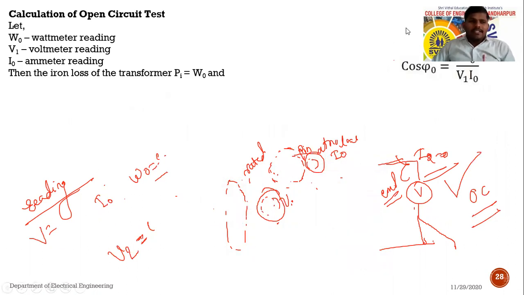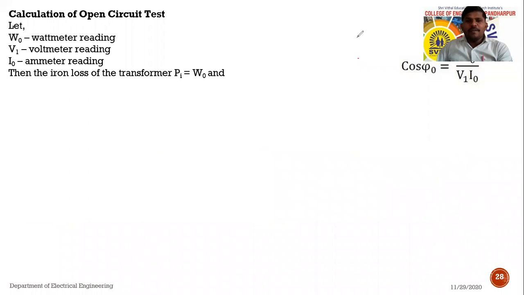Okay, calculation of the open circuit test. Once we take the readings, that is W0, the wattmeter reading, which is the no load input power, the supply voltage V1, and the no load current I0.